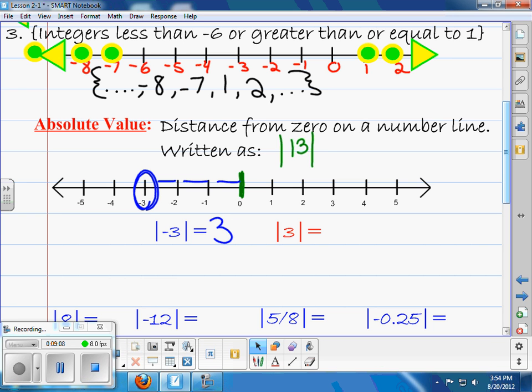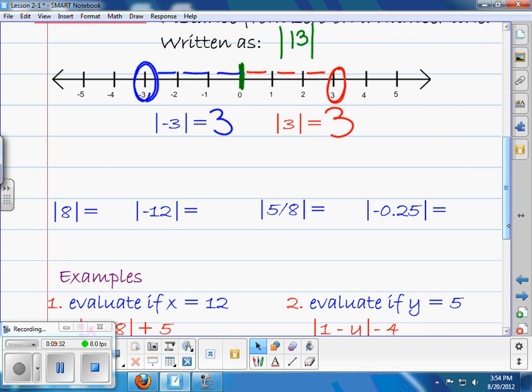The same situation happens over here with the absolute value of +3. Here is +3 on the number line. Let's count the distance from 0 on the number line, again counting the spaces. 1, 2, 3. Therefore, the absolute value of 3 is 3. You can remember that absolute value is the distance from 0 on the number line because distance is always measured in positive numbers.